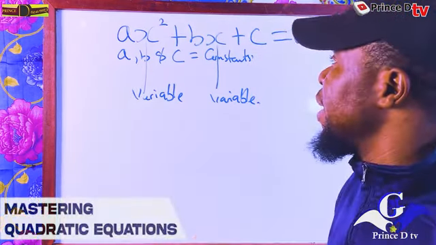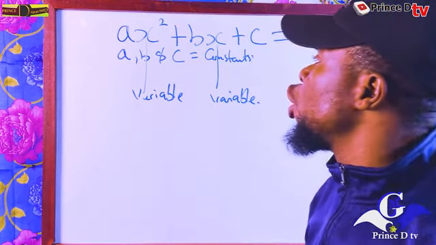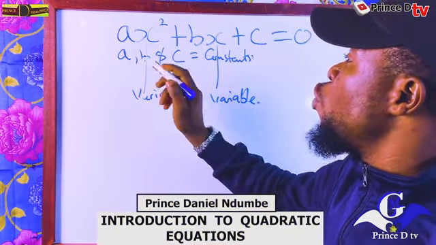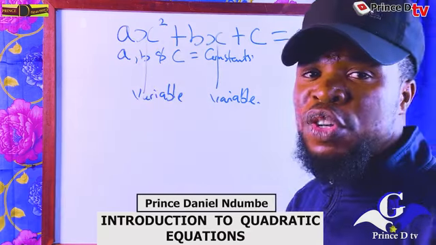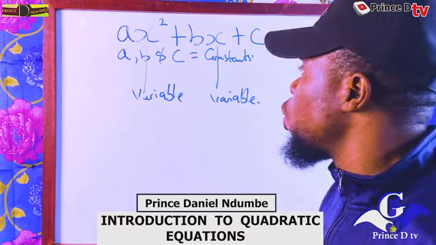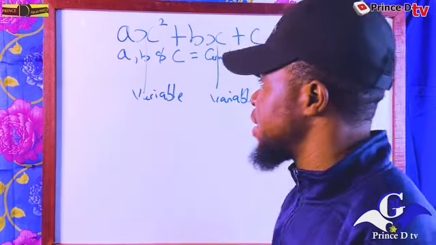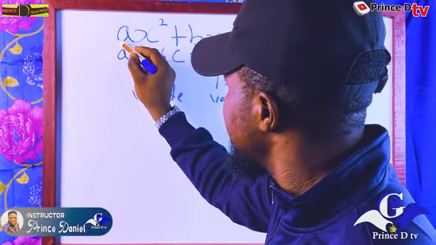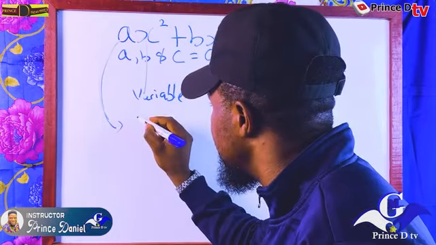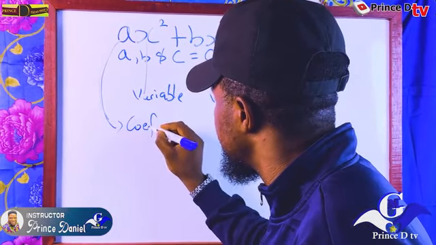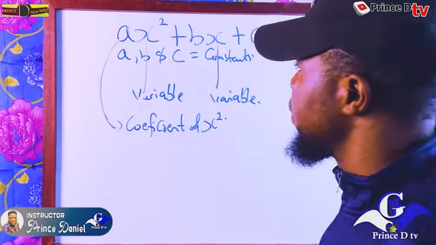Alright. Now a, b, and c are constants, like we said. You will now notice that when reading a quadratic equation, this a, which is a constant, is also called the coefficient of x squared. Please remember, this a is also called the coefficient of x squared.